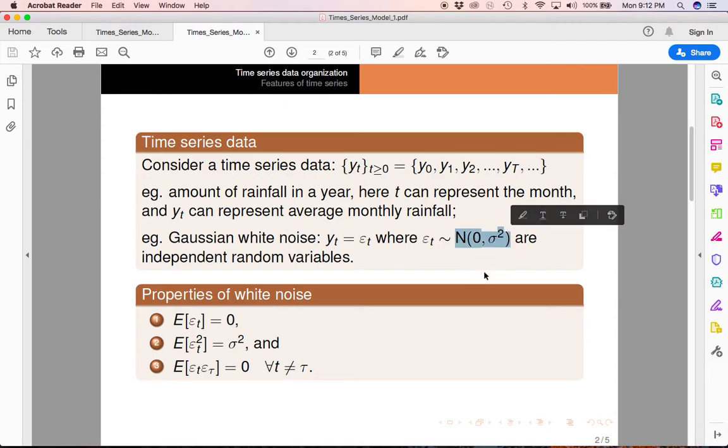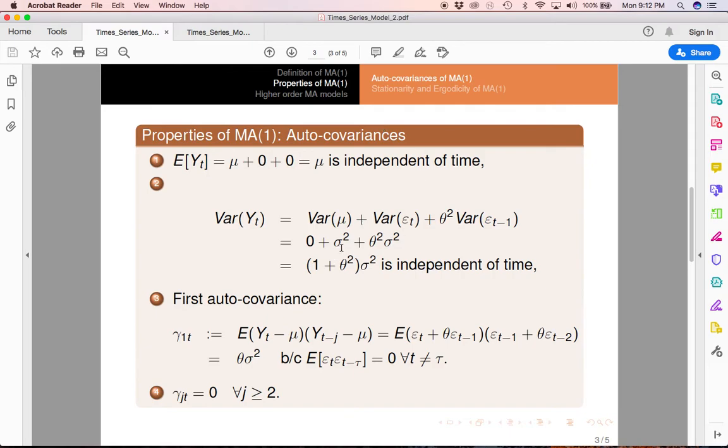Sample from a normal distribution of mean 0 and variance sigma squared. So we have this sigma squared, the second term. And then variance of some constant times the random variable is just the constant squared times the variance of the random variable, which is something that we have seen earlier in the class. So that turns out to be theta squared sigma squared. So variance of y of t is just this constant term, 1 plus theta squared, times sigma squared, which is again independent of time.